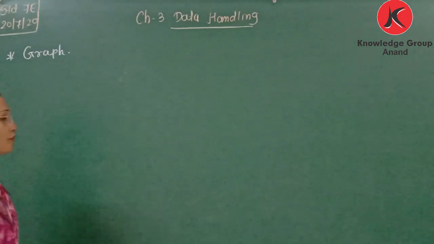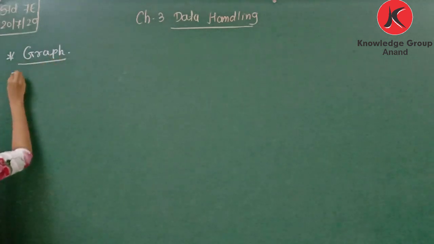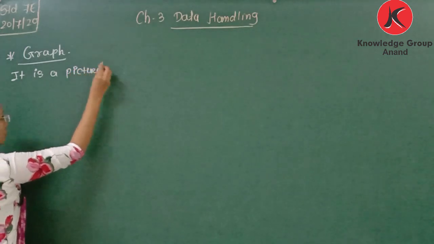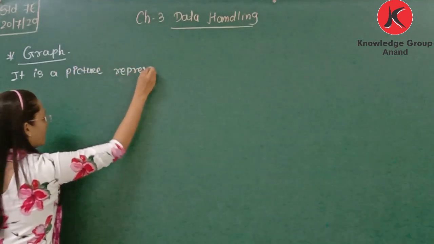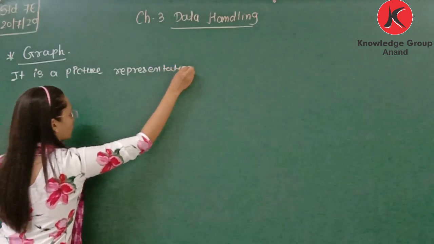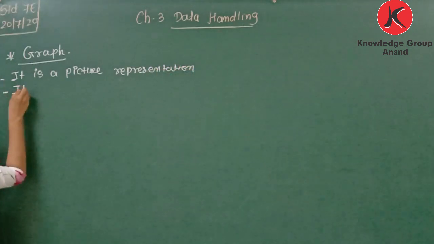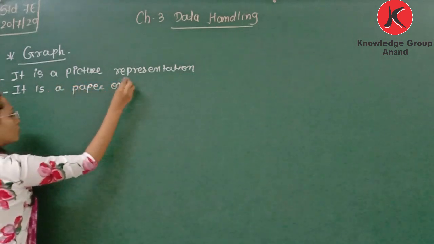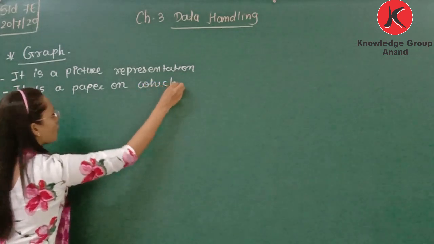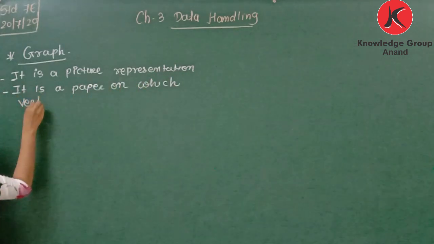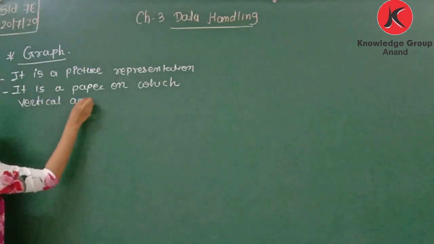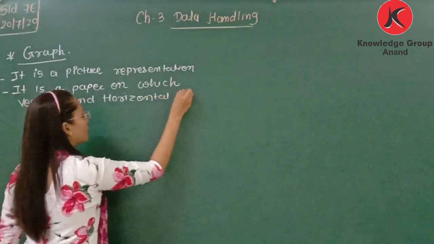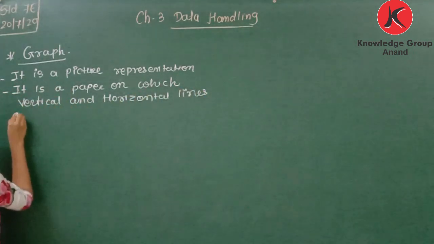Now what is a graph? Graph means it is a picture representation. It is a paper on which vertical and horizontal lines are given.